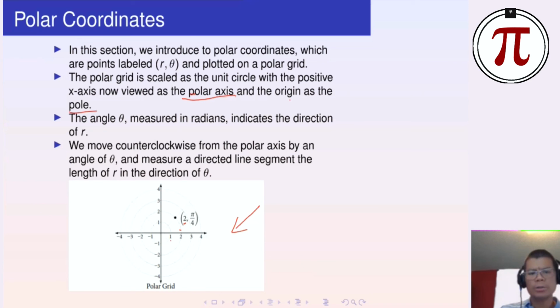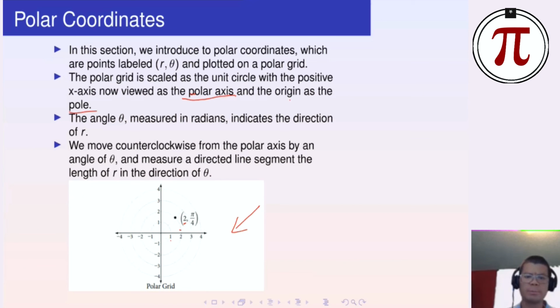And the angle, measured in radians, indicates the direction of r. As you can see, this angle can be pi over 4. So you know the distance from the pole, and also the direction, so it will fix that point.